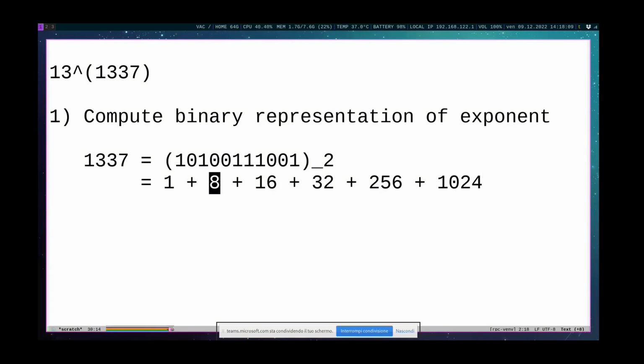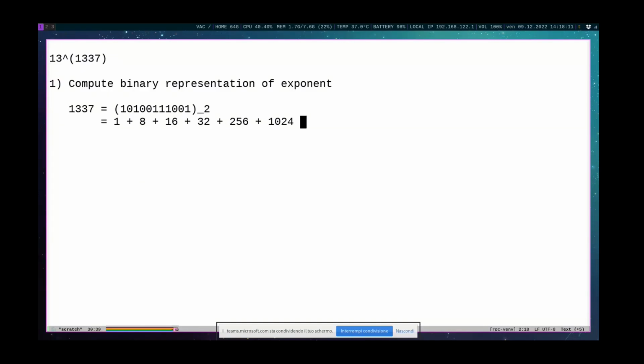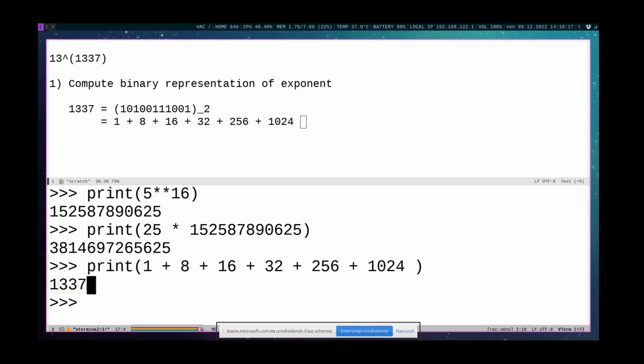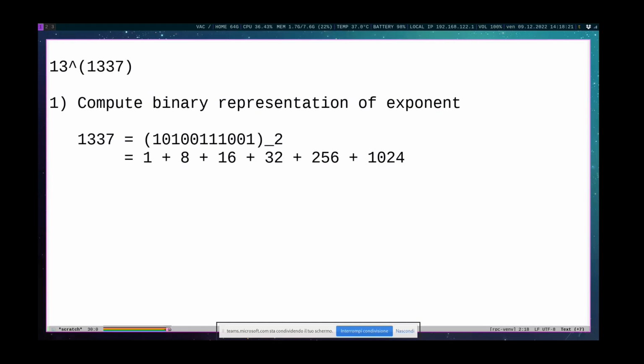Let's see if this actually works. If I have not made any mistake, print, we get 1337. So we have split our exponent into a bunch of powers of 2. And this is the first step.